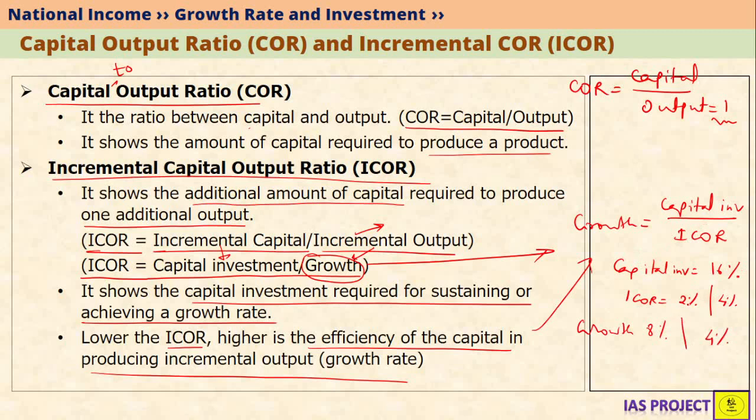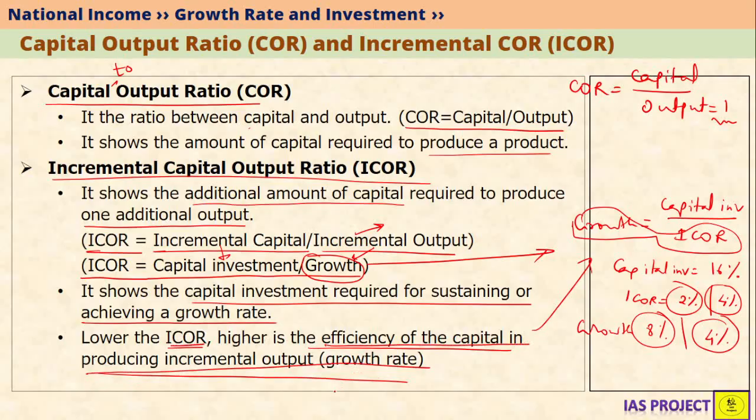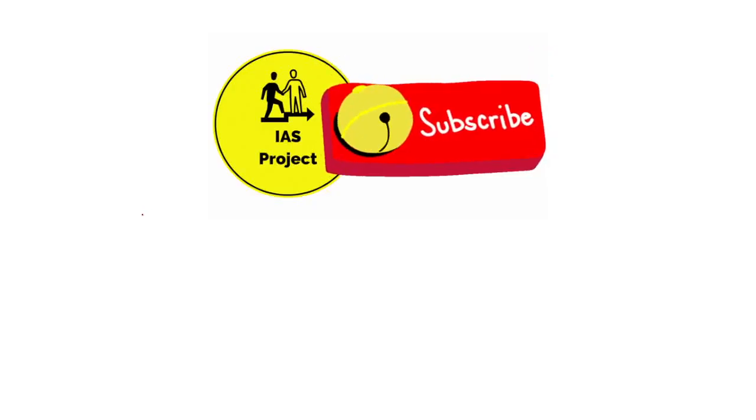So here we can understand that when ICOR is low, growth is high, and when ICOR increases, growth decreases. This shows that growth and ICOR are in inverse relation to each other. So the lower the value of ICOR, higher will be the efficiency of the capital in producing incremental output or the growth rate. Let's follow up in the next video.